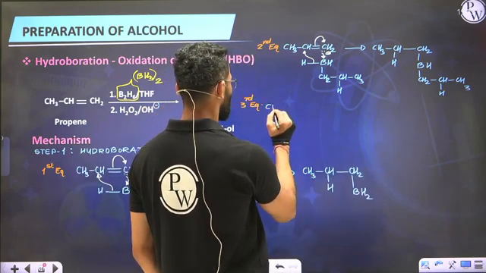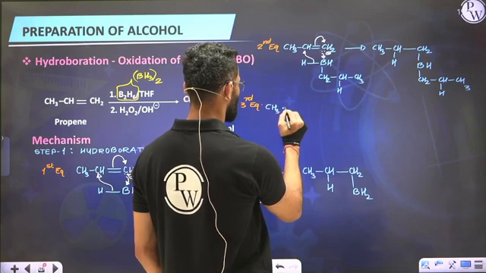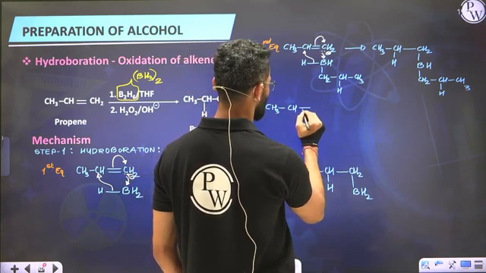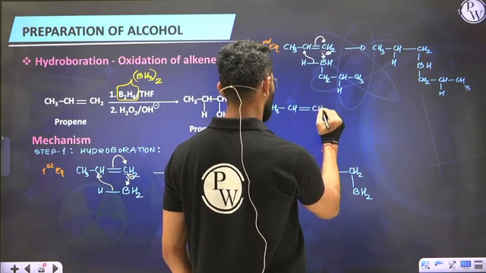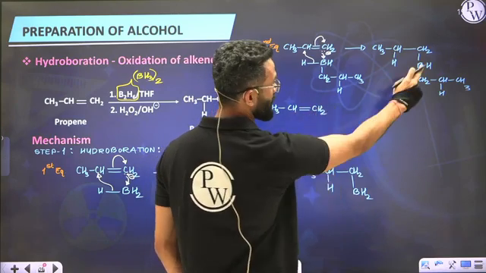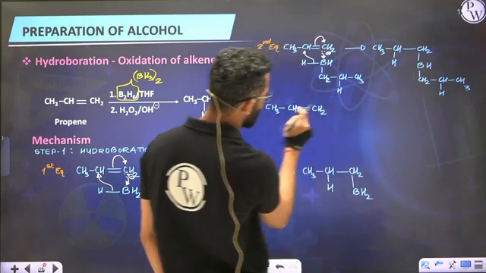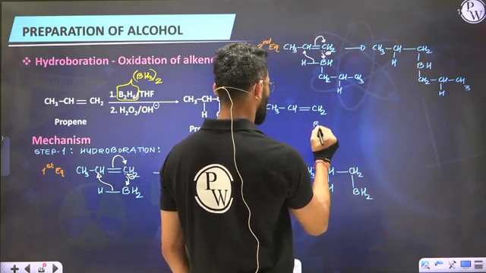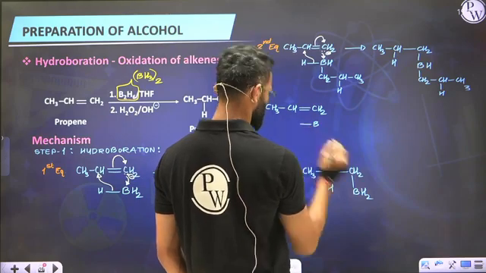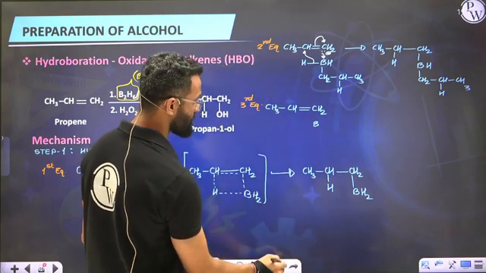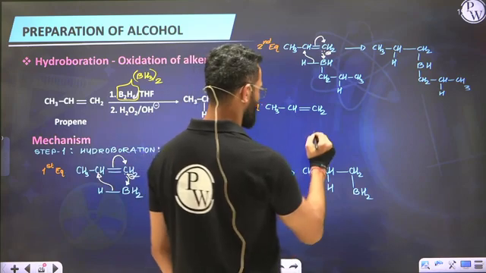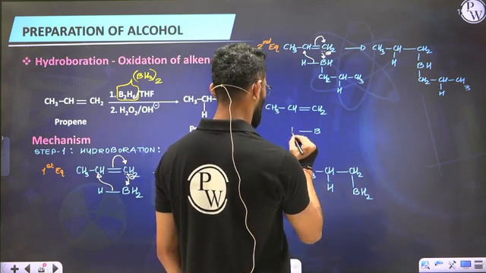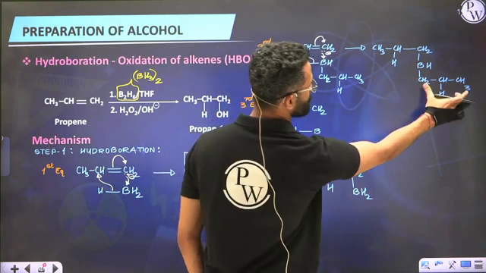So propene, we have got CH3 single bond, CH double bond, CH2, and of this molecule, because this H has to be added to this carbon. So this B-H bond I'm writing like this, B bonded to hydrogen, and these two alkyl groups are identical.